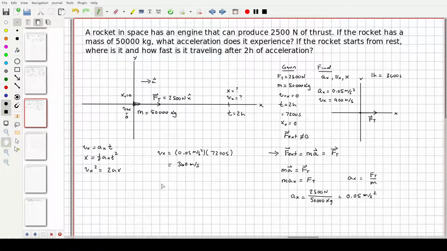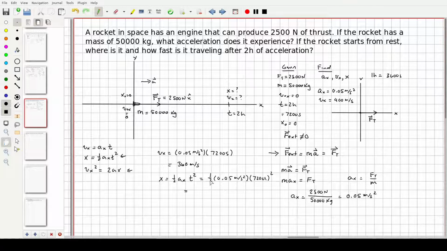Okay. Now, how far did it go? We could use this equation. We could use this equation. It really doesn't matter. I'm going to use this one right here. X is 1 half Ax times t squared, 1 half times 0.05 meters per second squared times 7,200 seconds squared. So 0.5 times 0.05 times 7,200 squared.